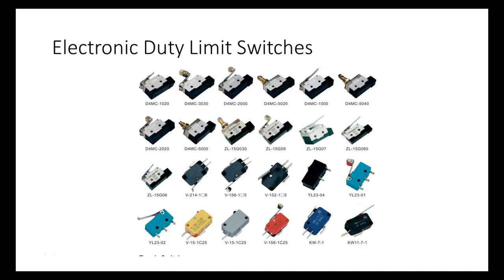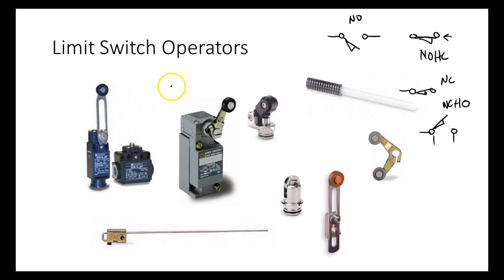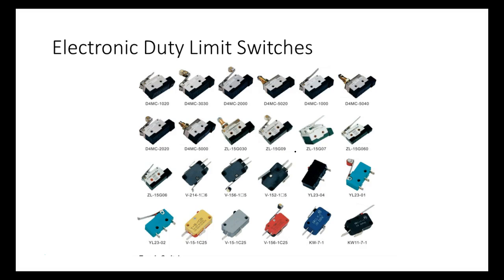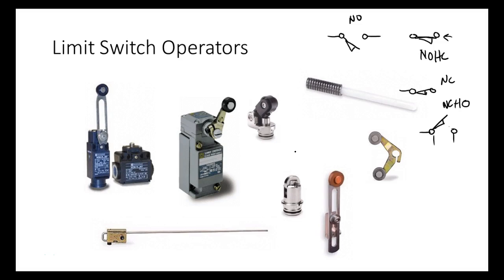And we'll do a lab here in a minute. These are called heavy duty. This is what you'll run into in industry most often. We use these electronic duty limit switches over there, which are not designed for that. A lot of these heavy duty or industrial duty limit switches, you can literally run loads off the limit switch.